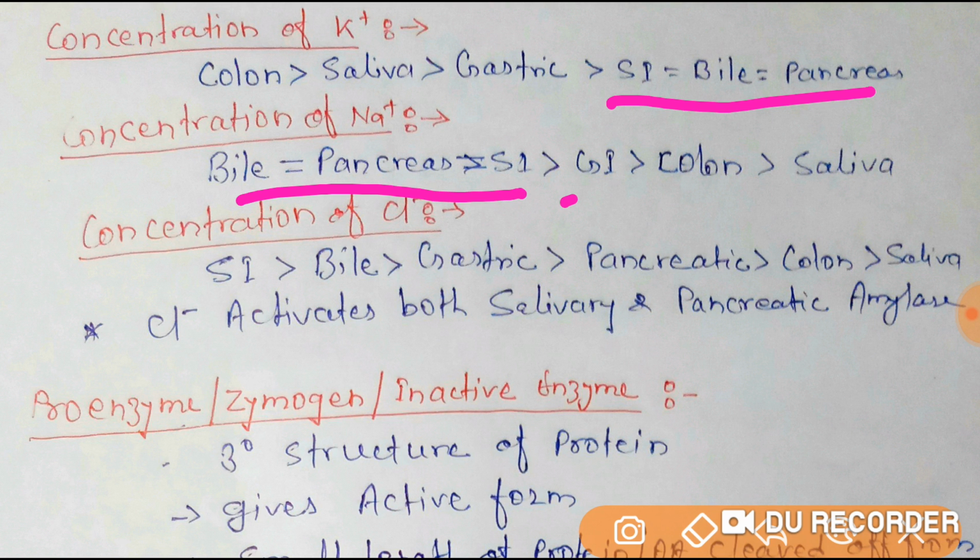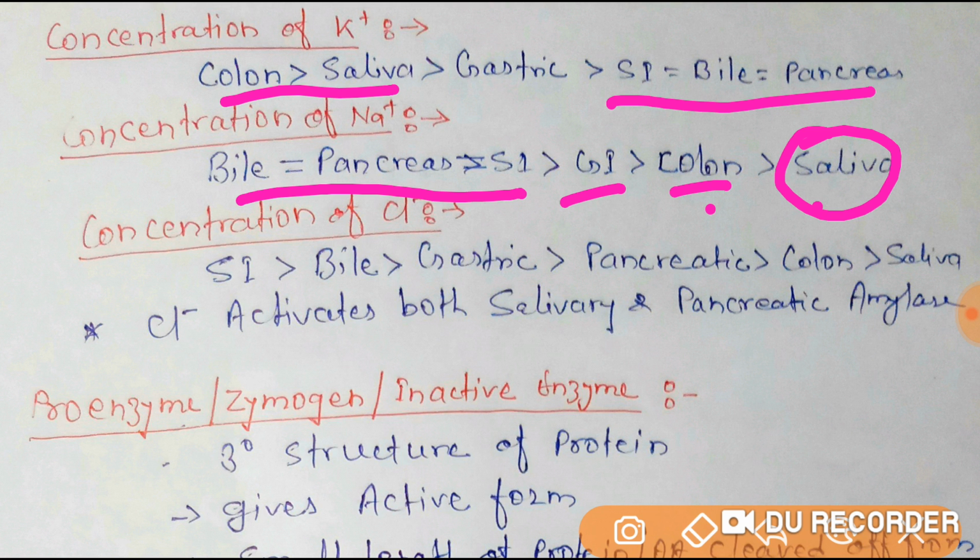After that, the gastric, colon and the saliva, just the reverse in such a way. So the sodium concentration is minimum in the saliva and maximum in the bile, pancreas and small intestine.